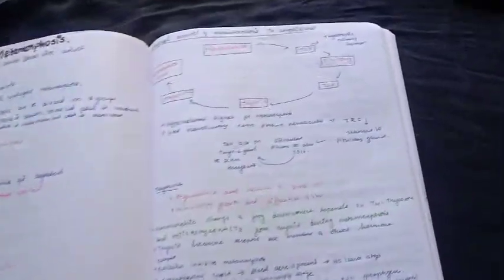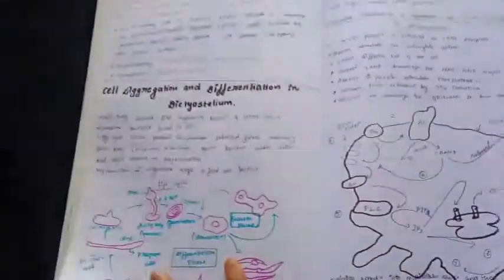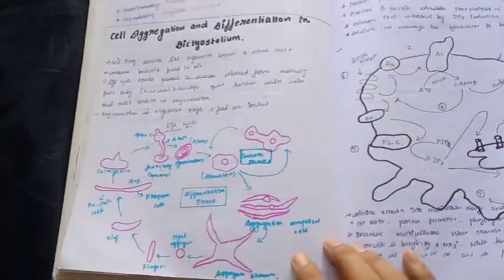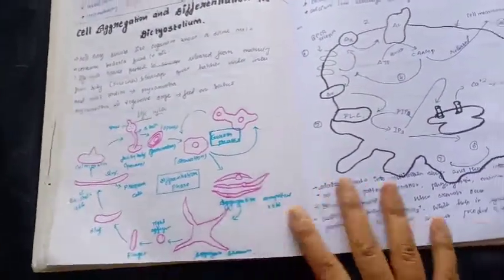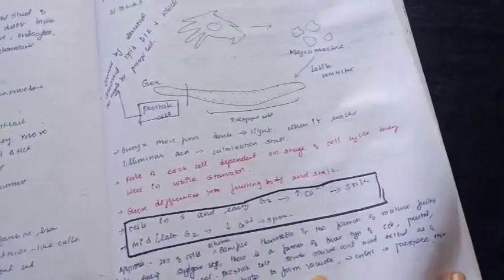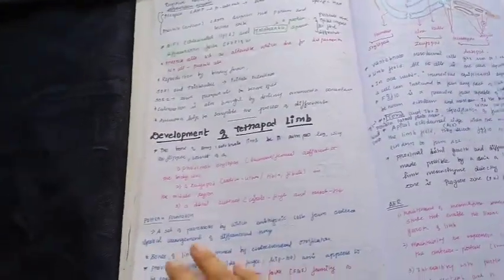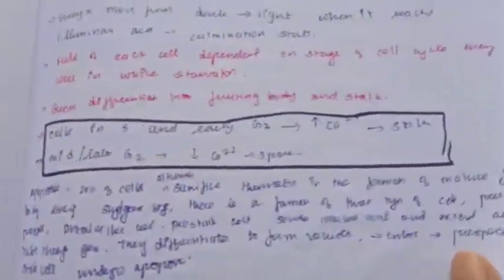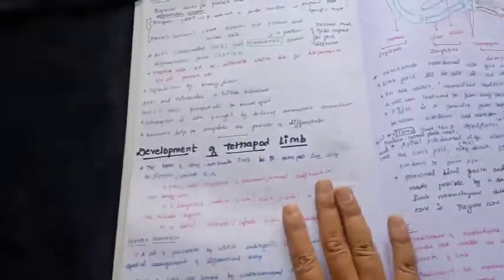So this is how my notes generally look. These are cell differentiation, Dictyostelium. This one I referred from the internet, so I have written it like this. So this is how my notes will look. If I find some point important, I will add a box to it. And the tetrapod limb development.